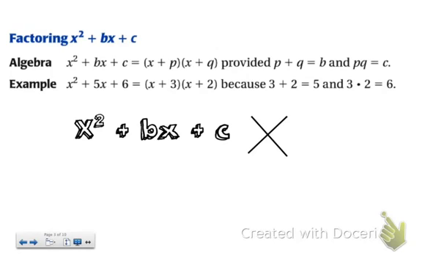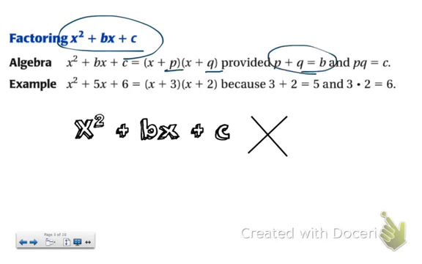If we are factoring a trinomial of this form, meaning it is a quadratic with an x squared term with a coefficient of 1, and then bx plus c, we can factor it into two binomials where p and q, when added together, give us b, and when multiplied together, give us c.